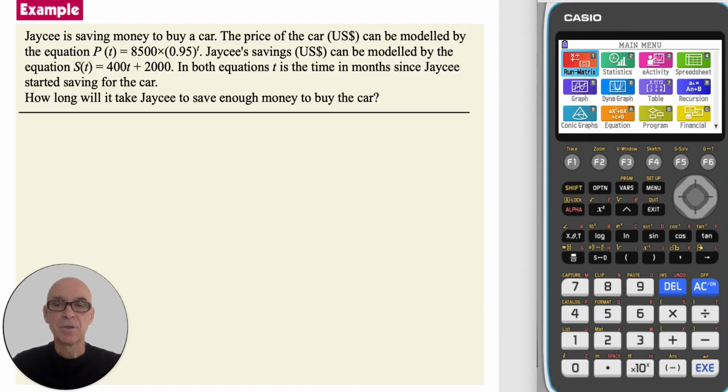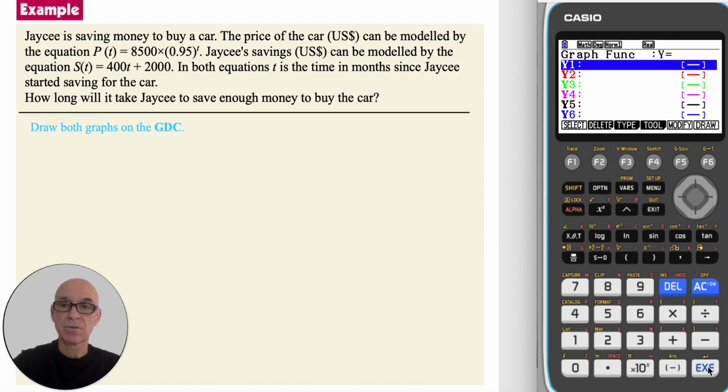In this question, we're asked, how long will it take JC to save enough money to buy the car? Starting by drawing both graphs on the calculator, from the main menu, selecting Graph, and typing in both equations.